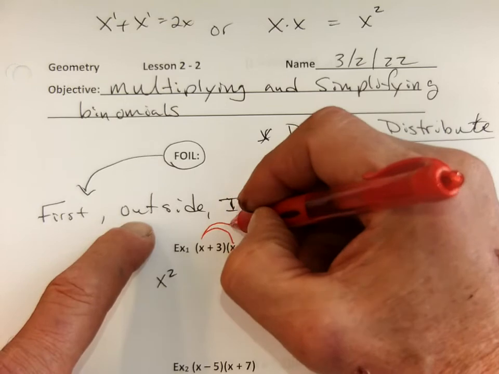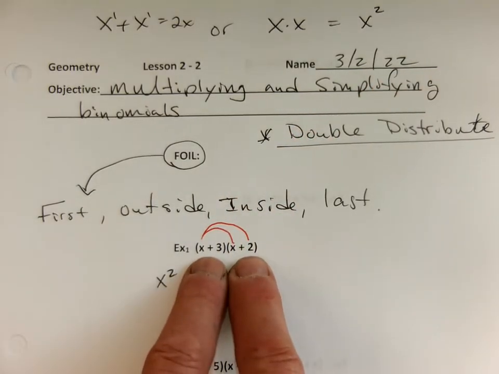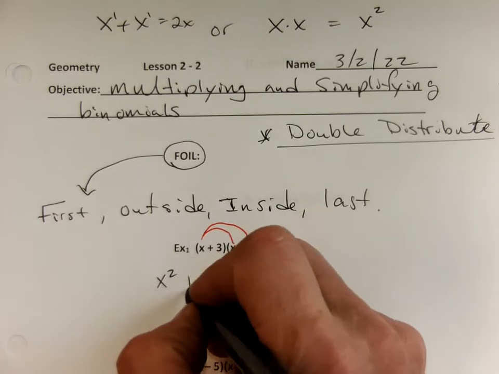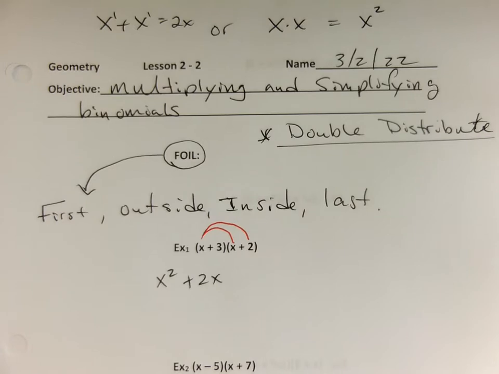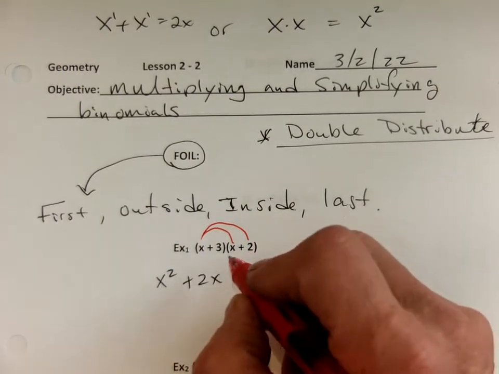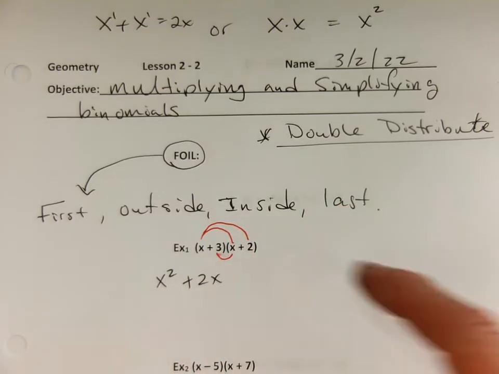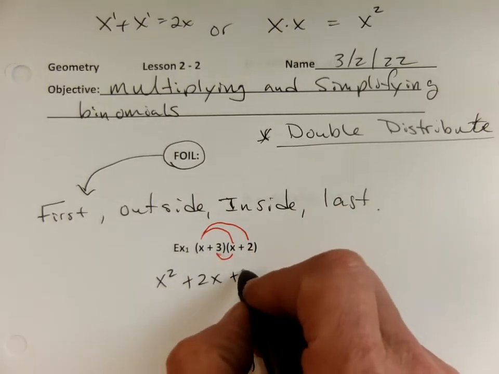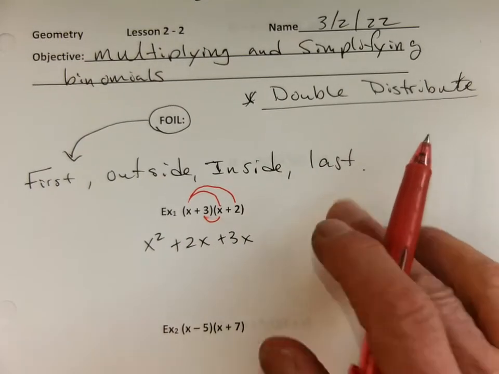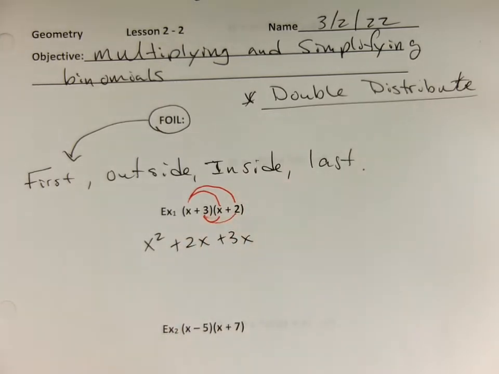Outside is x times 2, which is a positive 2x. Inside would be 3 times x, which is a positive 3x. And last refers to my last two terms, 3 times 2, which is 6.